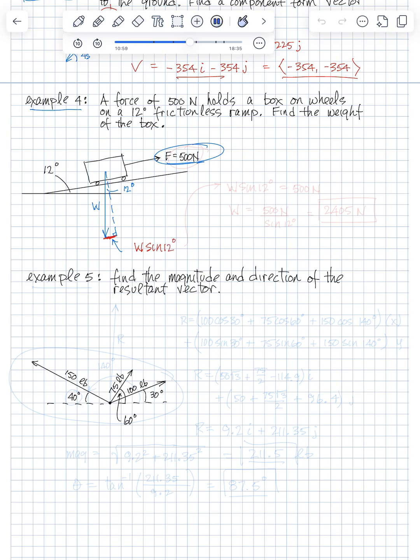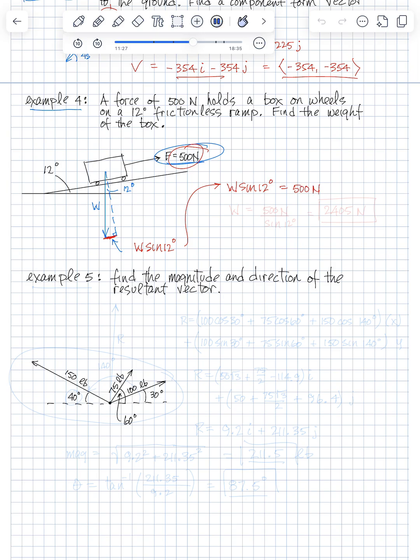Now we want to solve for W, and this is equal to this force of 500 newtons. So W sine 12 degrees equals 500 newtons.